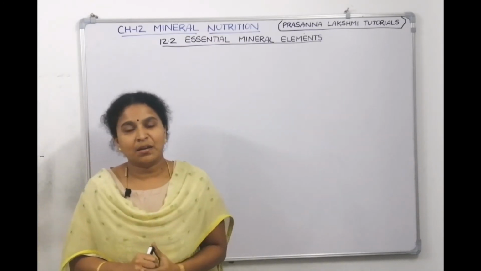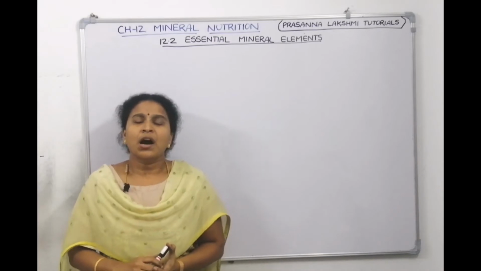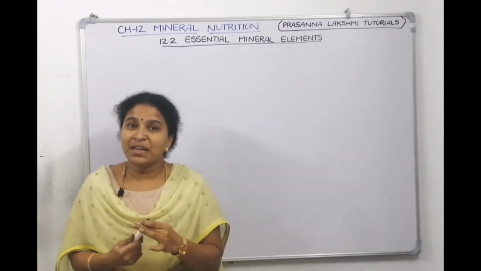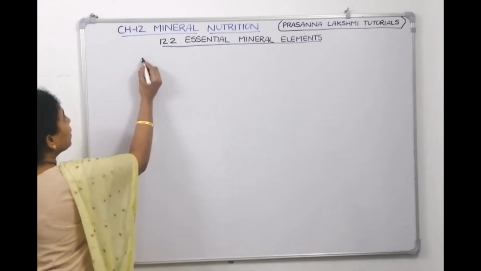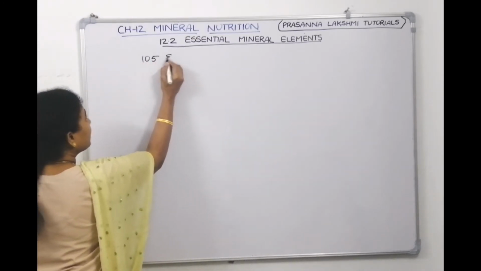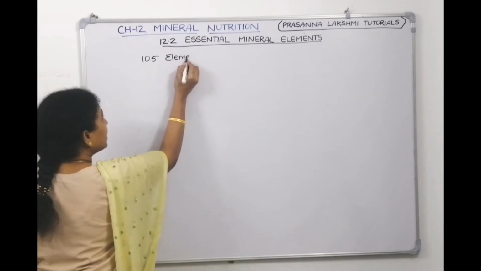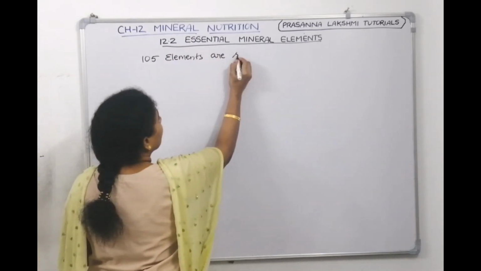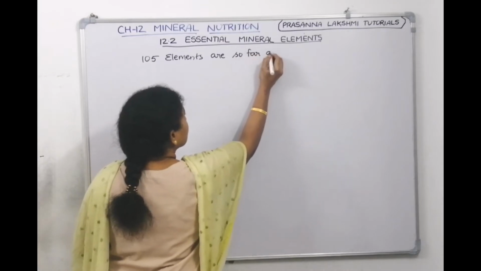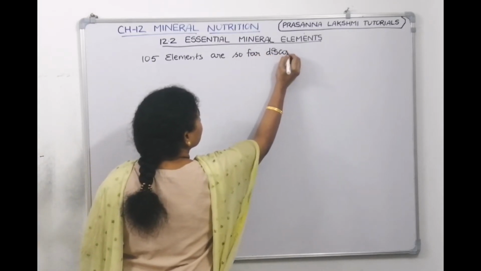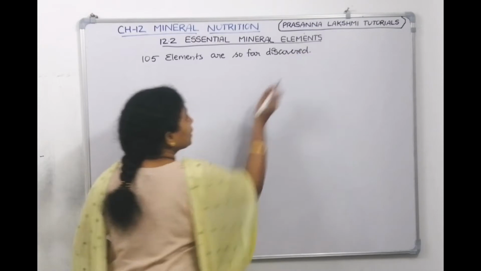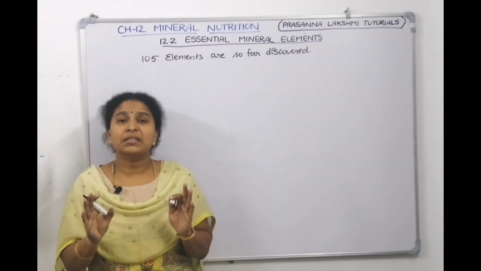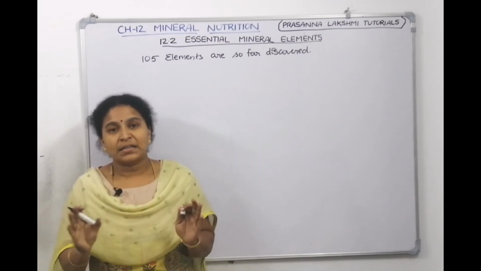Essential mineral elements. Okay children, now how many elements have been discovered so far? Come on, tell me. 105 elements. NCERT says 105 elements have been discovered so far. Now out of these 105 elements, how many are found in plants?